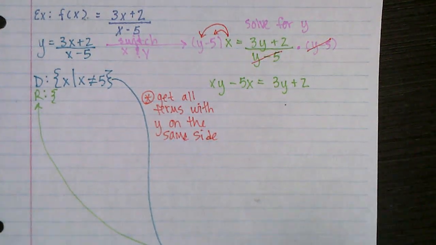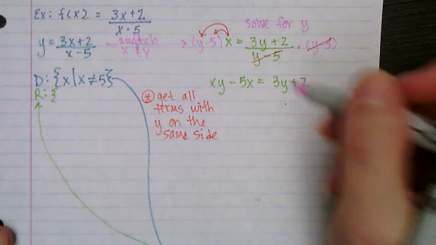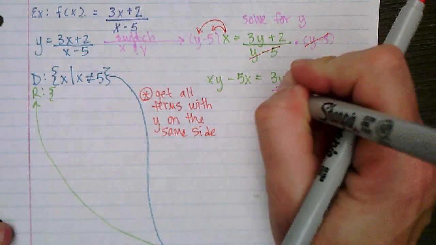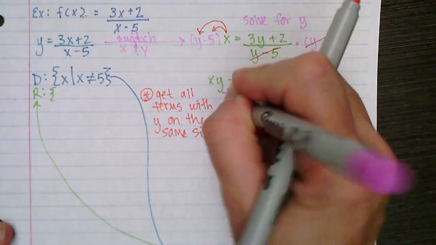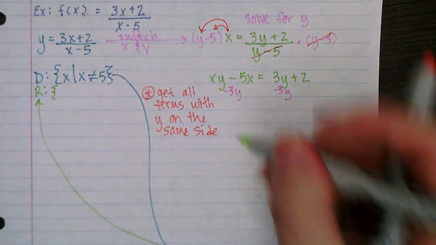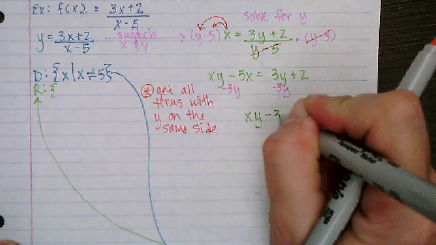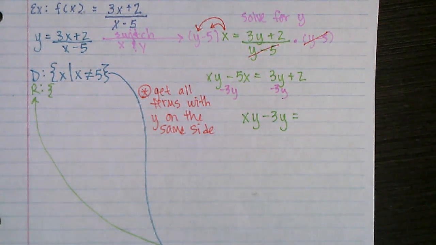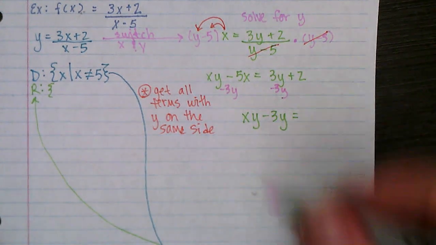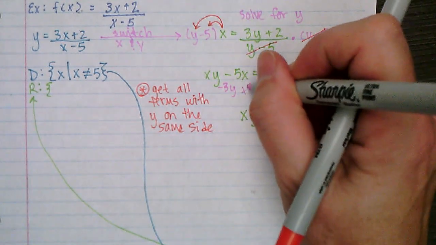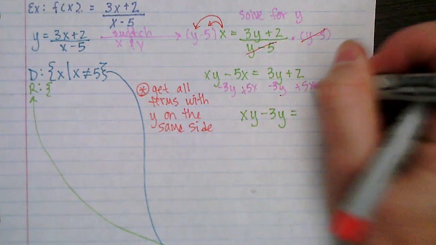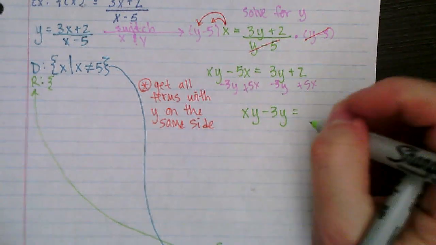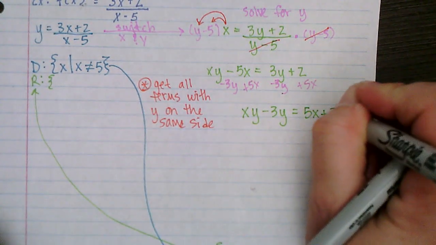So I'll subtract the 3y to this side. Then I'll have xy minus 3y equals, and then I also need to move anything that doesn't have a y to the other side as well. So I'll add 5x over to this side. So now on the right side, I have 5x plus 2.